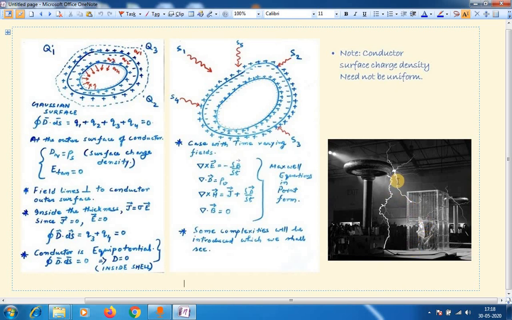This lightning jolt strikes here and it gives a path to the flow of the lightning current, right? It gives a path to the flow of this lightning current.